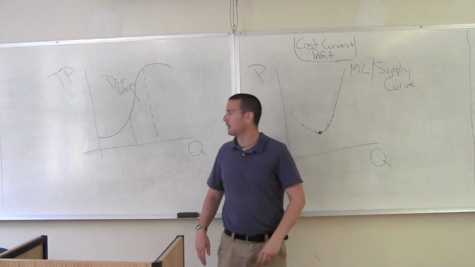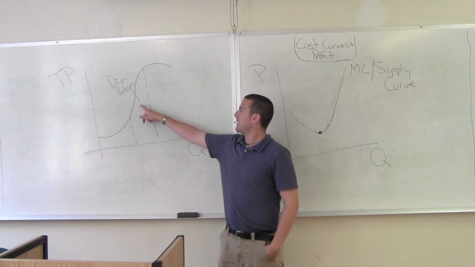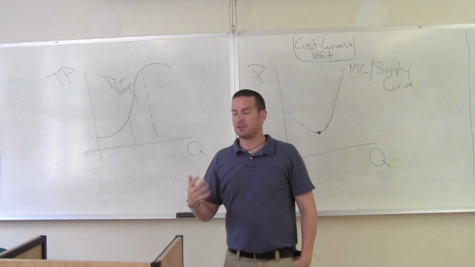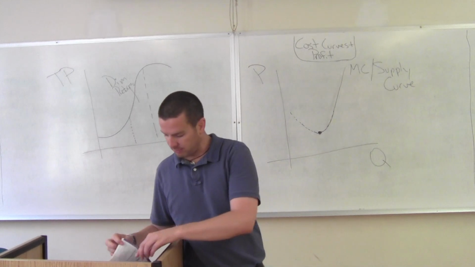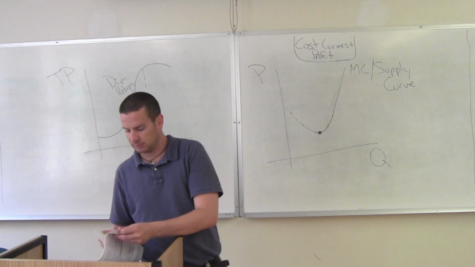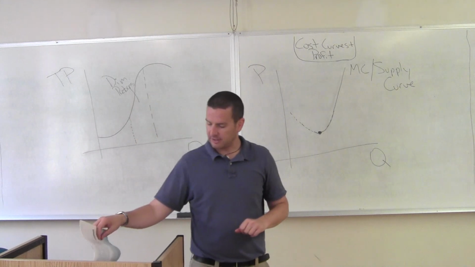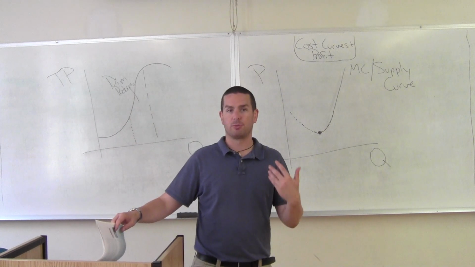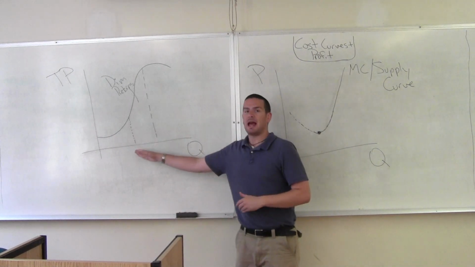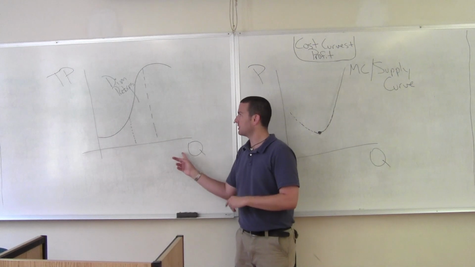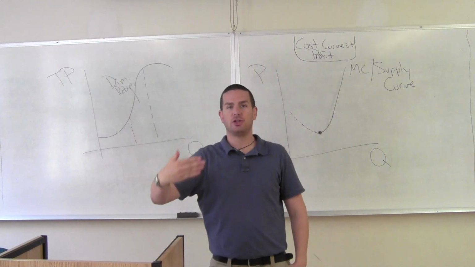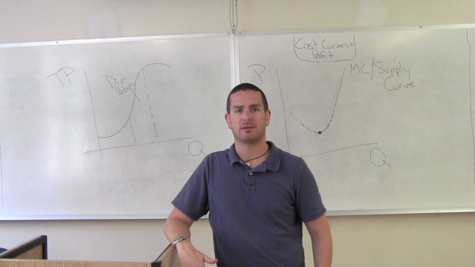Okay? Now, the only way to get the law of diminishing returns is we have to talk about marginal products. And if you remember on page 136, there it is, where we're talking about marginal products, okay? Where you're looking at how much additional quantity each additional unit of input will generate.